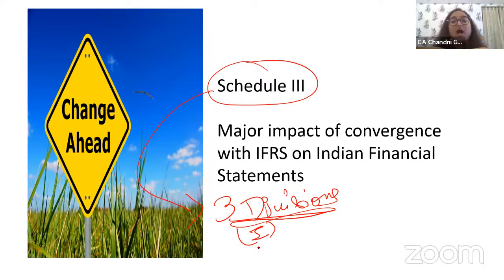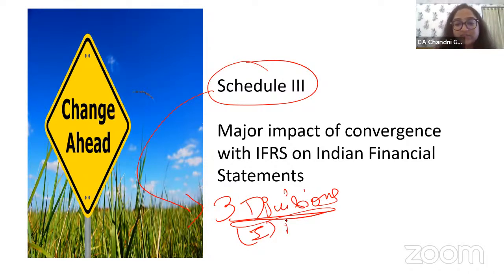Other than this, NBFCs are also applying Ind AS if the threshold has been met. Listed NBFCs and unlisted NBFCs having net worth of 250 crores or more are applying Ind AS. So to provide guidance to these three sets of companies, companies applying AS, non-NBFC companies applying Ind AS, and NBFCs applying Ind AS, there are three divisions in Schedule 3.